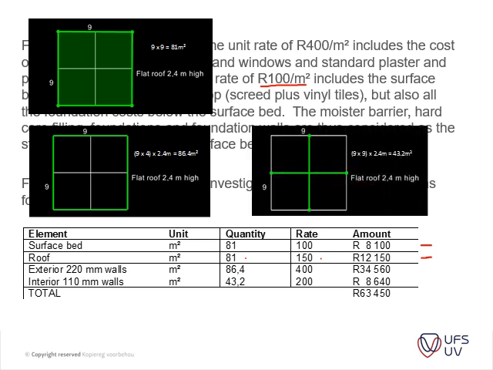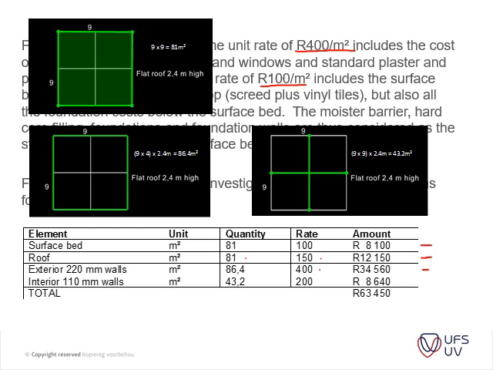Our exterior walls, we calculate the square meters of that. It is basically the 9 by 9 perimeter calculated times a height of 2.4 to get the square meter area, and thus we use the 400 Rand per square meter rate to calculate that.